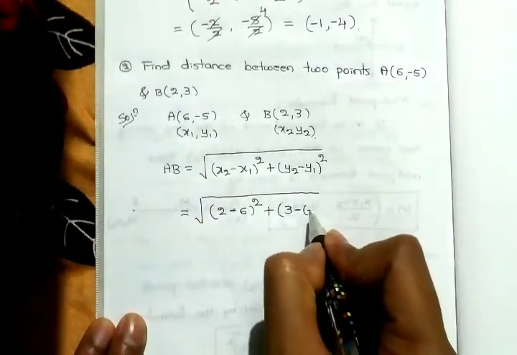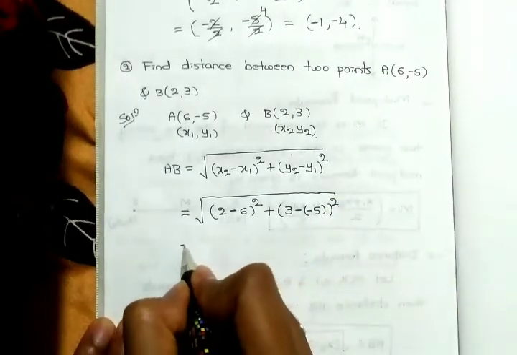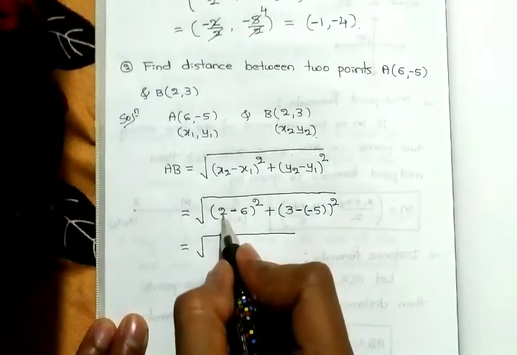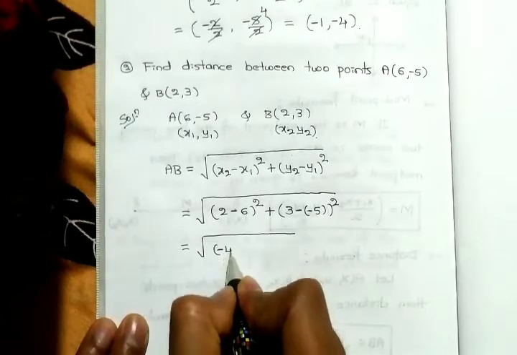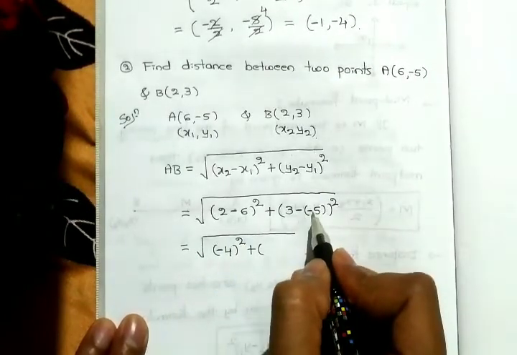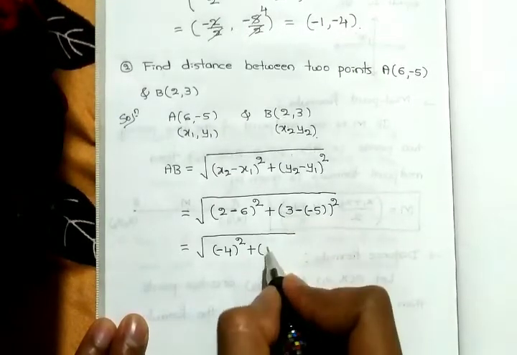So in bracket you put minus 5 whole square. So which is equals to, keep that square root as it is. So first 2 minus 6 is minus 4 whole square plus here minus into minus is plus. So 5 plus 3 is how much here?